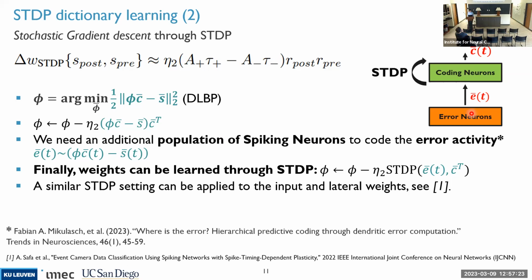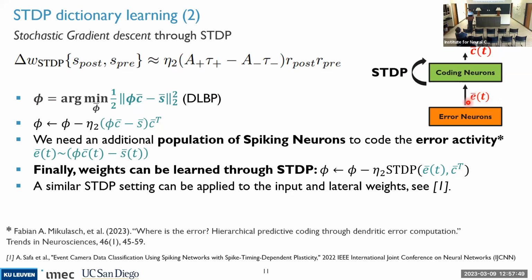As you will see in the next slide, these error neurons receive the input S and the output of the coding neurons through the feedback weights, akin to phi, and will then produce an error spiking activity, related to phi C minus S. And so now we see how we can learn phi.